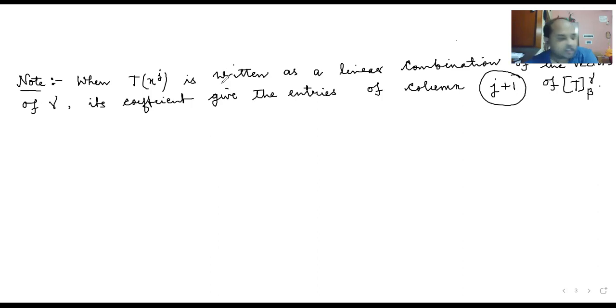Okay, if Txj is written as a linear combination of the vectors of gamma, its coefficients give the entries of column j plus 1.